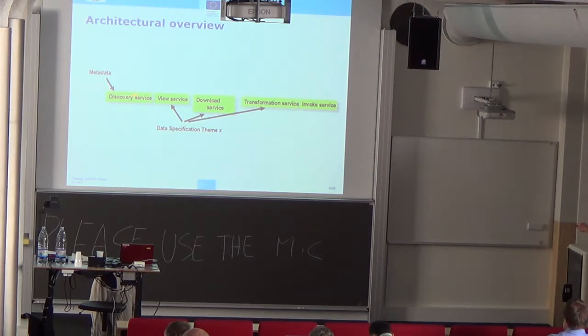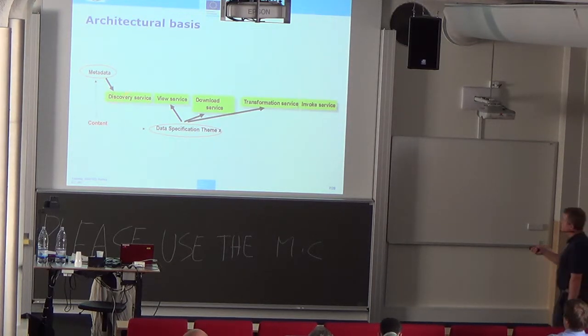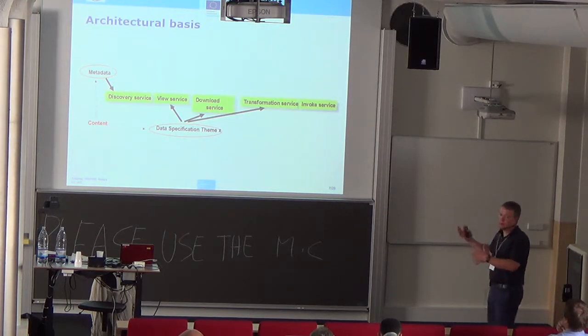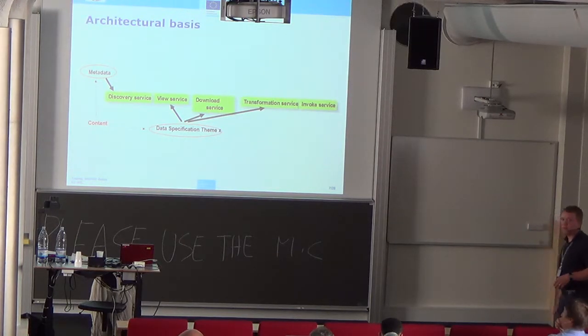Discovery service is used for metadata, while view, download, and transformation are for data-specific themes, and we have more generic services like the invoke services. The idea is that for a specific data set, data set series, or specific service, first of all, we must create metadata and make it available through discovery services, so that users can find it and search for it.